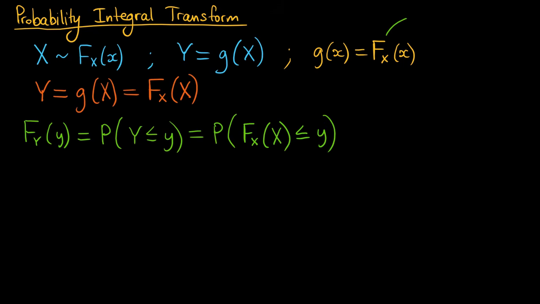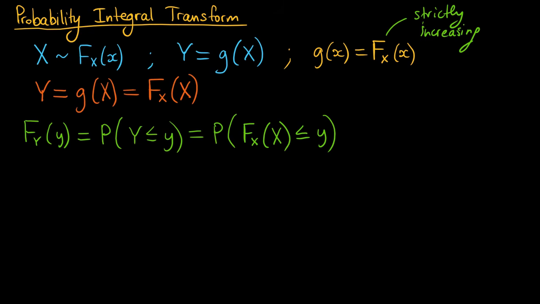Now recall that we're working with the case where the CDF of x is strictly increasing. If the CDF of x is strictly increasing, then its inverse is also strictly increasing. And we can apply the inverse to both sides here. And we know that the inverse, because it's strictly increasing, will be order preserving.